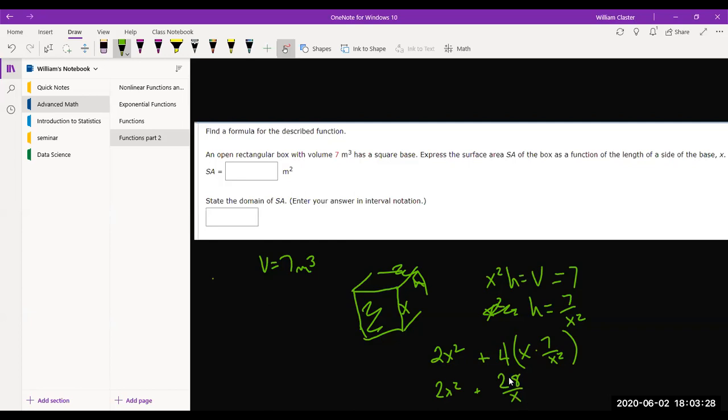But I believe the answer says that the surface area is x squared plus 28 over x. There's no 2x squared. That's my answer, I don't know why. It's supposed to have two square bases, so that makes it 2x squared plus something behind, but the answer shows only x squared plus 28 over x.